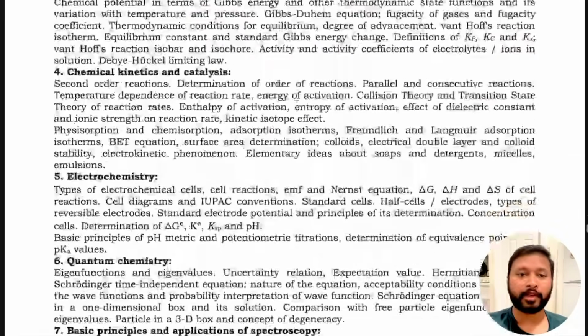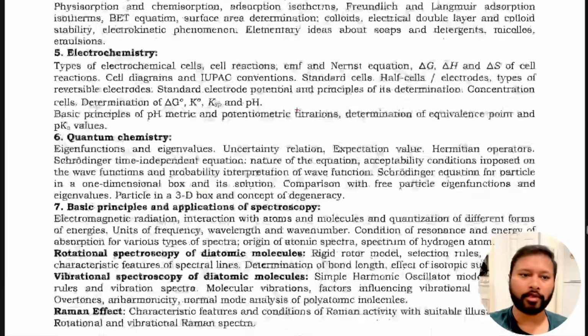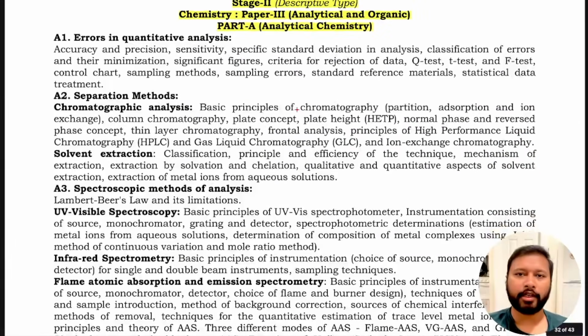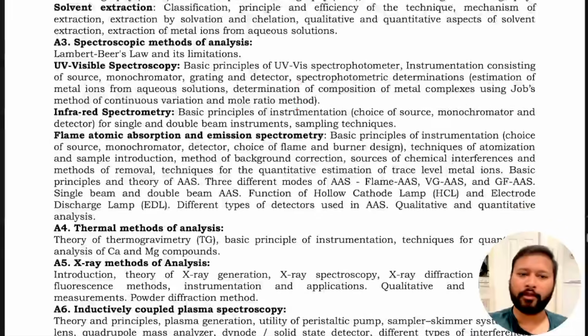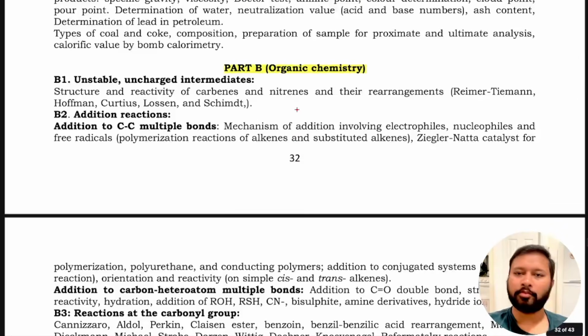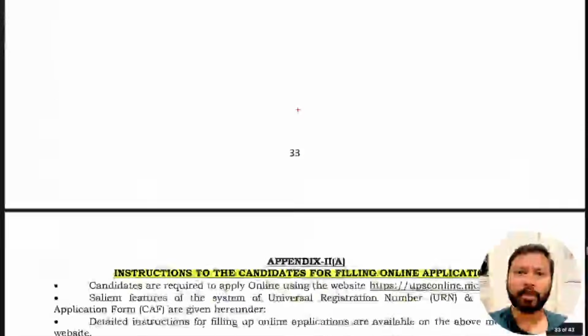Again, complete physical chemistry is there, including all the chapters, including quantum chemistry as well. Then paper 3 will be your organic and analytical chemistry. So both are combined together in the third paper, again the entire syllabus. And paper 3 will be in two parts, A and B. Part A will be analytical, part B will be organic chemistry, but it will be one combined paper.